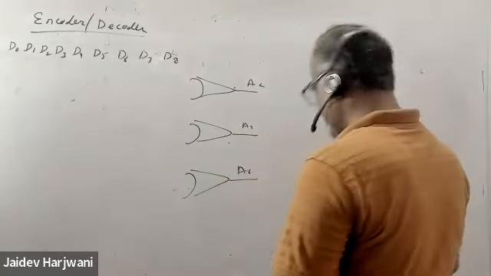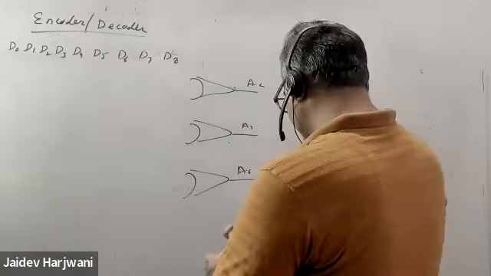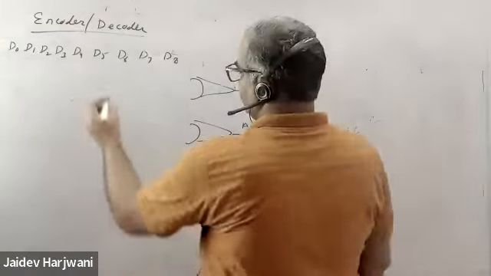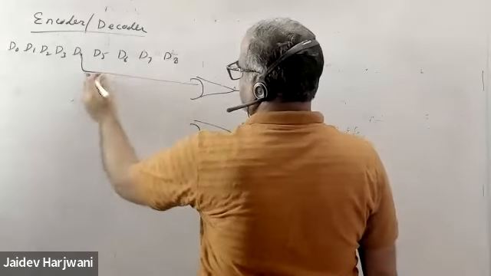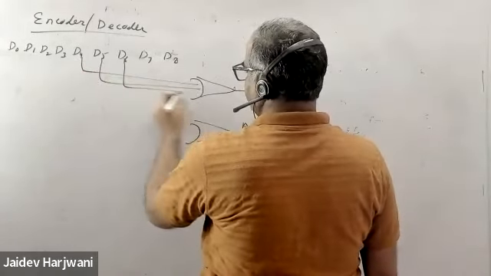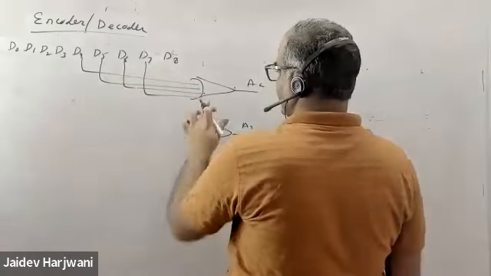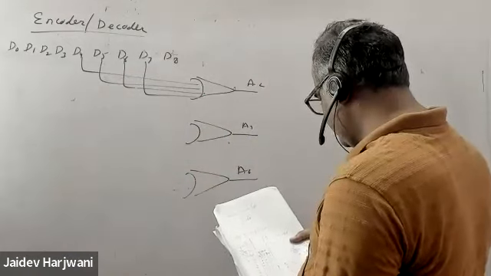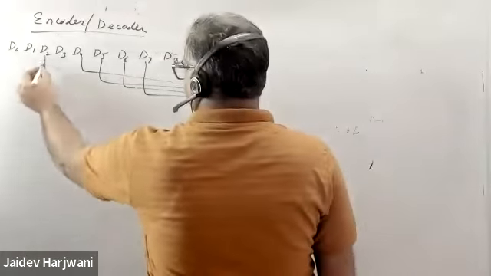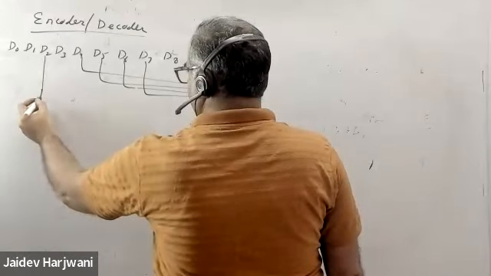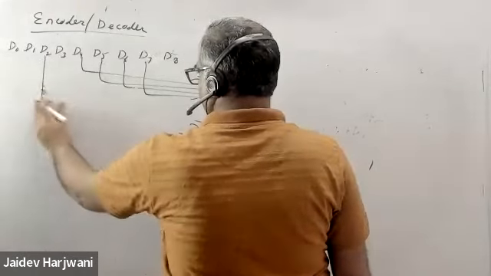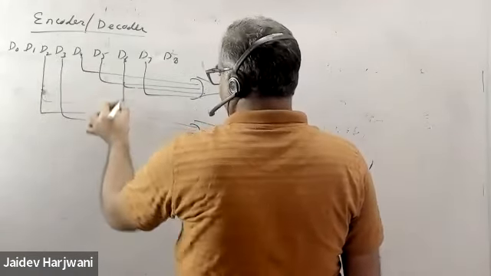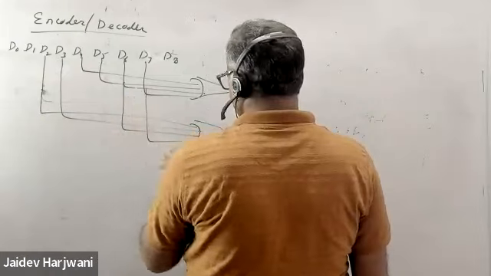So A2 is basically D4, D5, D6, D7. Similarly, A1 is basically D2, D3, D6, D7.